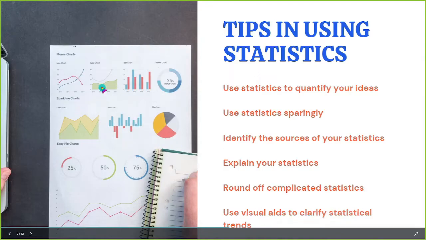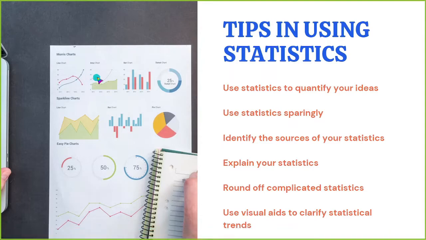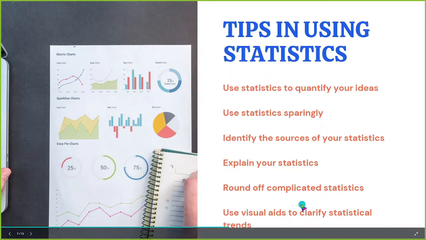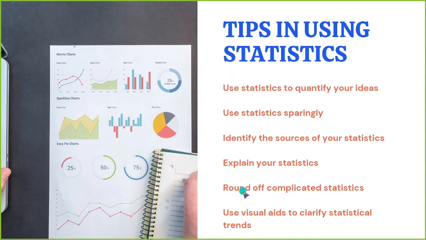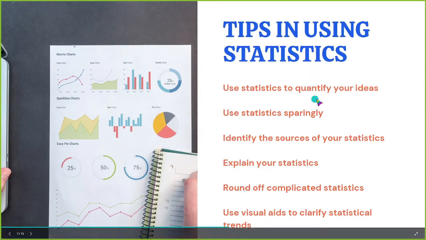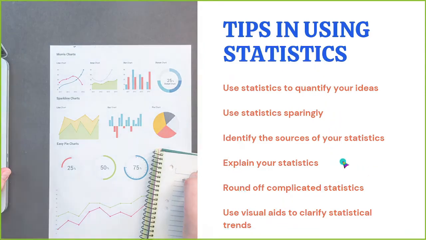So you can use an area chart here to indicate why it is increasing in nature, why it is declining in nature. You can also use visual aids to help. And that is 1, 2, 3, 4, 5, 6 tips in using statistics.